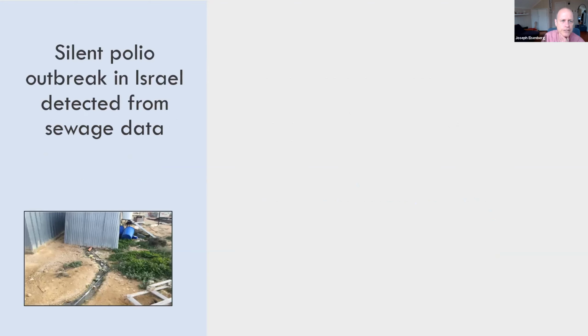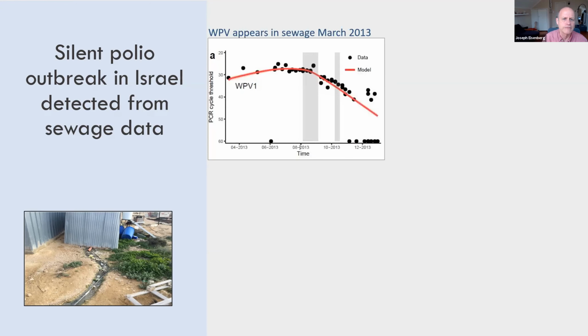So just briefly, we were involved in analyzing some of the data from Israel. There was a silent outbreak in Israel where they detected wild polio in 2013 in their sewage. This is a huge, huge deal when we were at the brink of eradicating polio. Israel, a high-income country, shows signs of polio transmission.